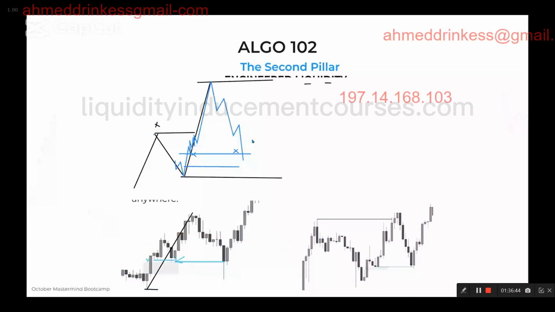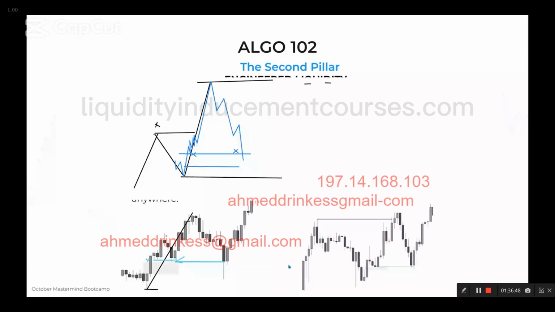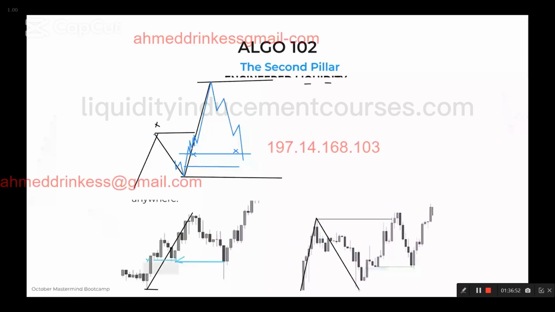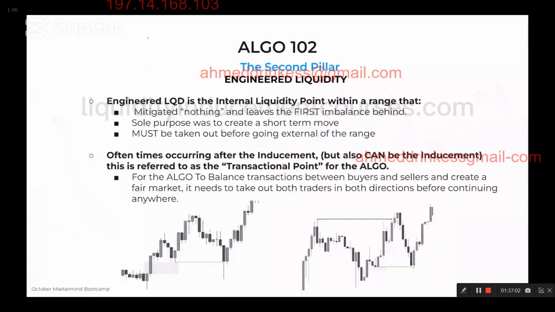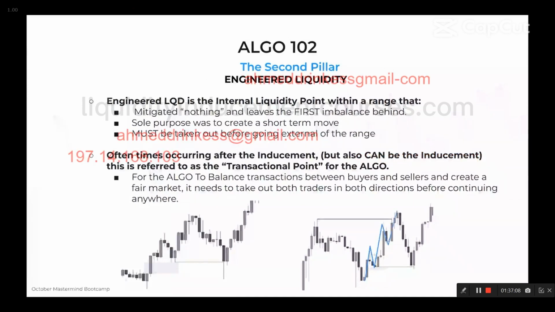Same thing over here, right? What happens? We see over here, we have a low, high, higher low, higher high. This is our external range, right? After our external range is created, where's the first internal liquidity point that doesn't mitigate anything and causes the bullish push to happen afterwards?